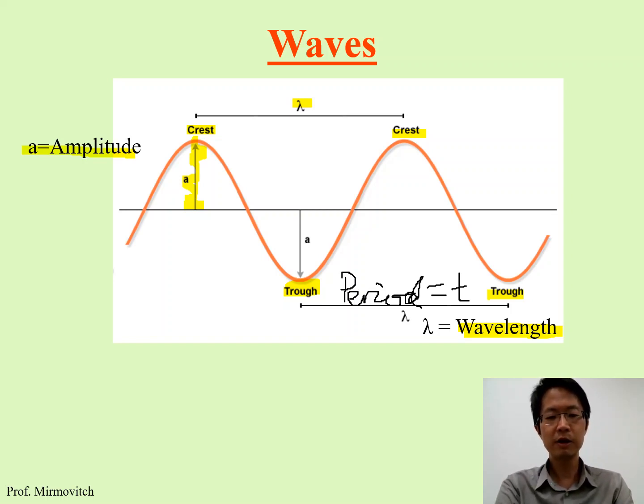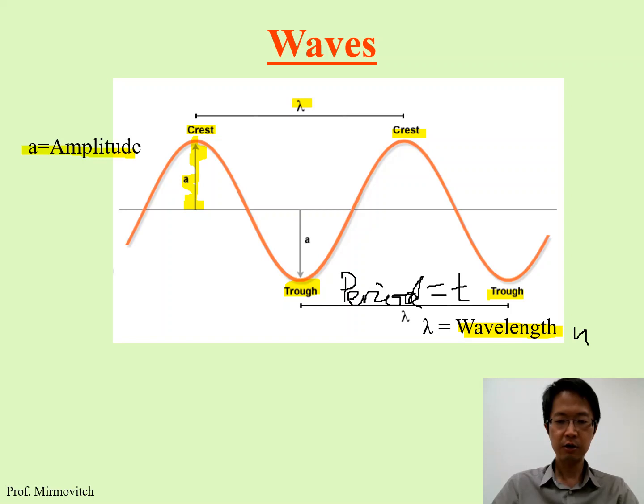From crest to crest we can call it period. From trough to trough we can call it wavelength. But their unit is different. Okay, wavelength unit is a nanometer. It's not good handwriting.